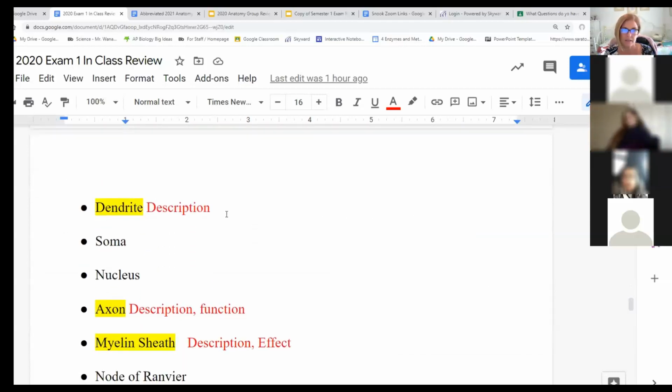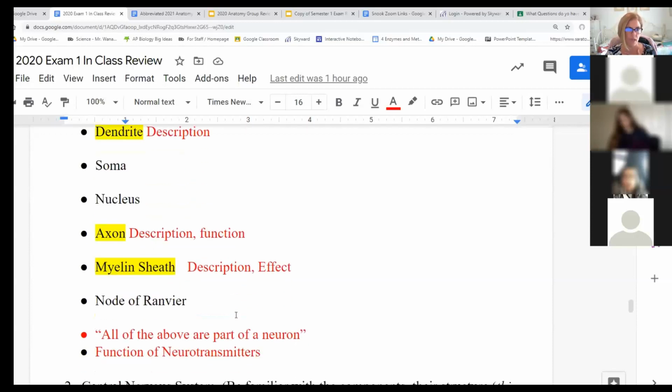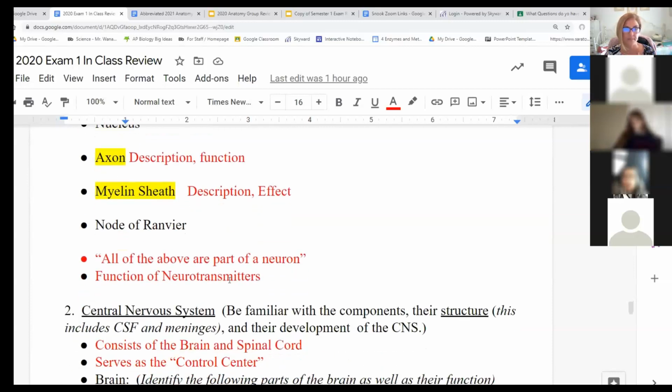The dendrites are the receiving extensions, and the axon is the sending extension. These are long extensions taking impulses away from the cell body toward the synapse. Myelin is fatty insulation, and its effect is that it speeds neural transmission. Neurotransmitters are chemical signals used to communicate between neurons and other cells.